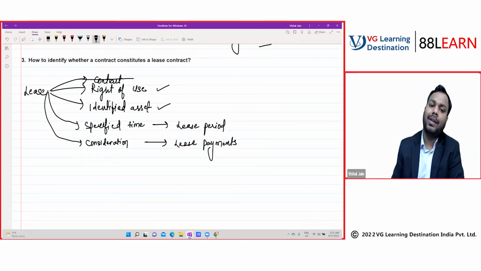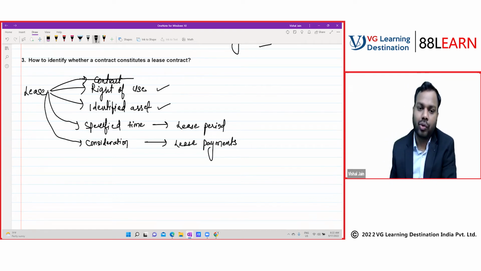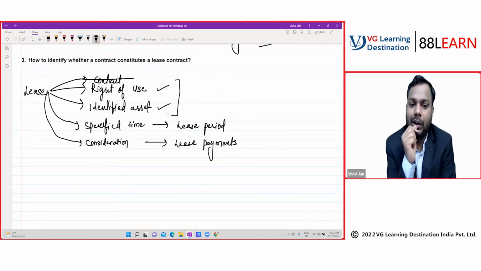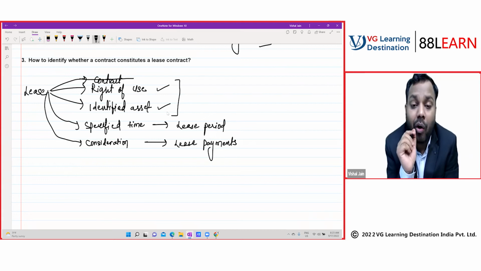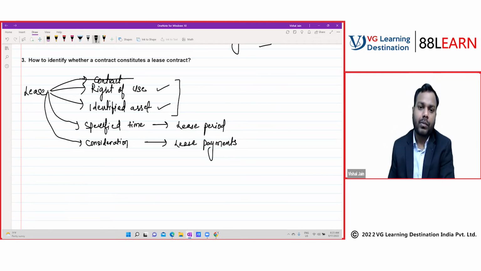So now, what is the basic feature which should be there in a contract to classify it as a lease contract? These are the two conditions which have to be satisfied in all contracts for classifying the contract as a lease contract.